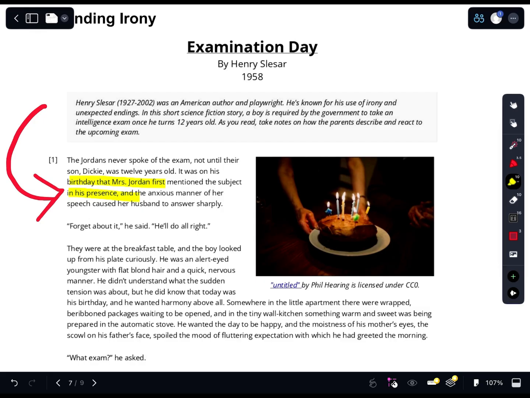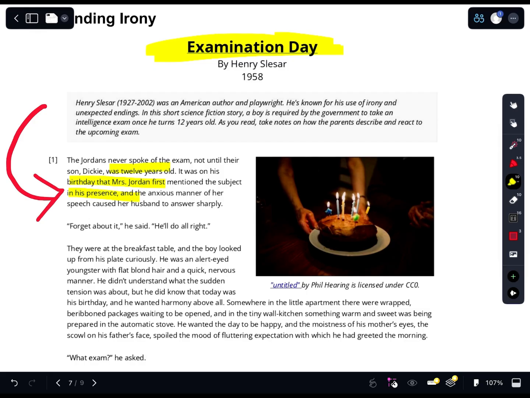His mom is very nervous and anxious, and his dad is kind of irritated and a bit frustrated. So what ends up happening is they tell him that it is his birthday. He's 12 years old today, but he's going to be taking an exam. So this is really interesting. If we look at the title, it's Examination Day, but it's also his birthday.